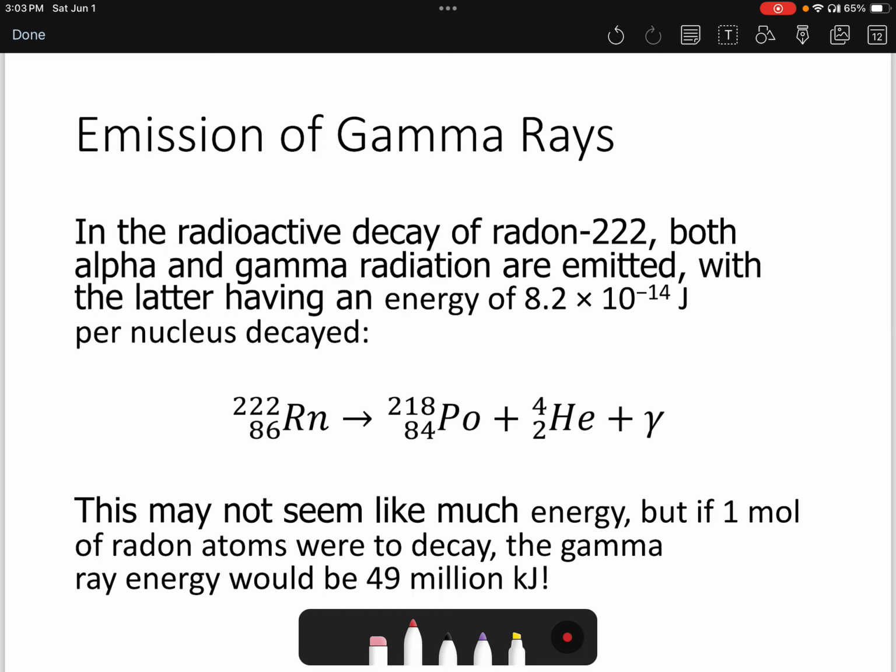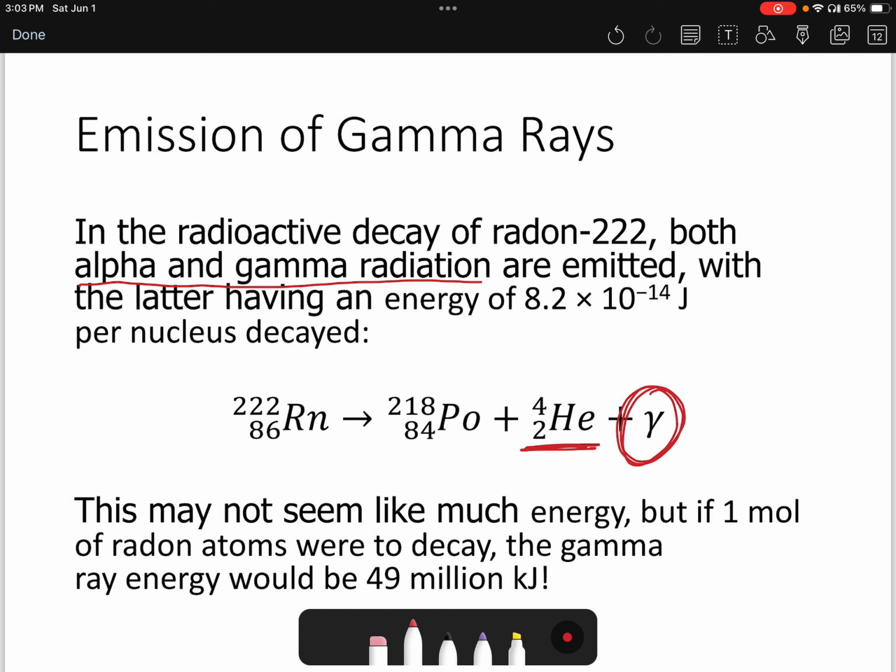Now, emission of gamma rays. So when radon-222 decays, both alpha and gamma radiation are emitted. So earlier we only looked at the emission of the alpha particle, but we also end up emitting some energy in the form of a gamma ray.